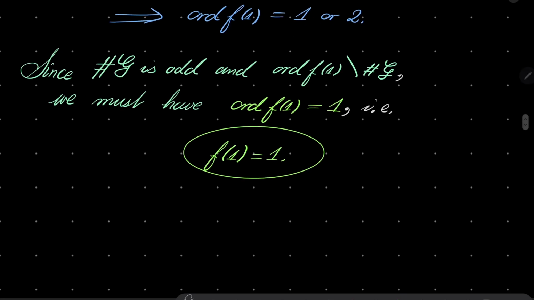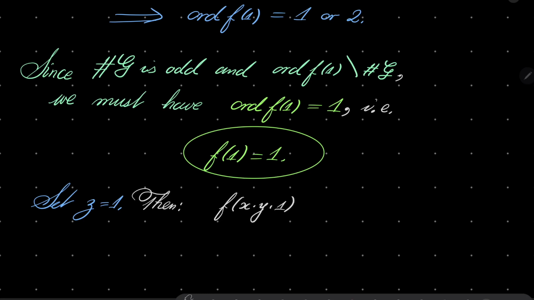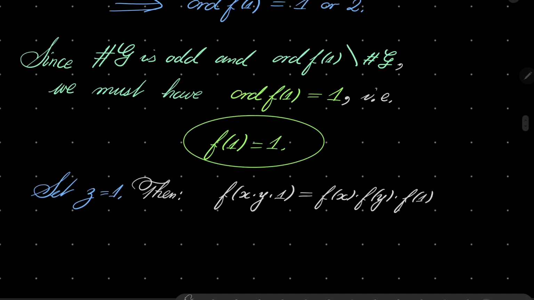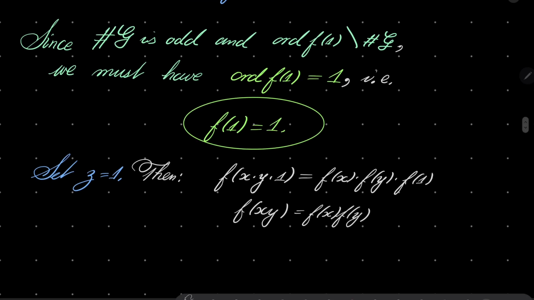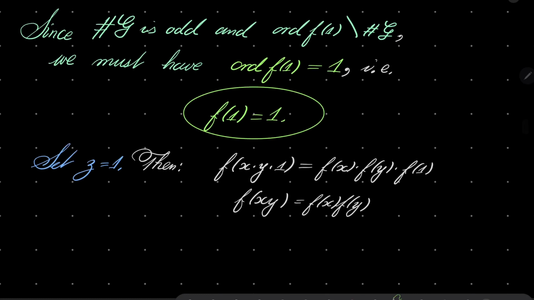And notice that I will take once again my equation and I will set z to be 1. Then we have the following: f(xy·1) equals f(x)f(y)f(1), but f(1) as we know is 1. Which means that both conditions for being a group homomorphism are satisfied.